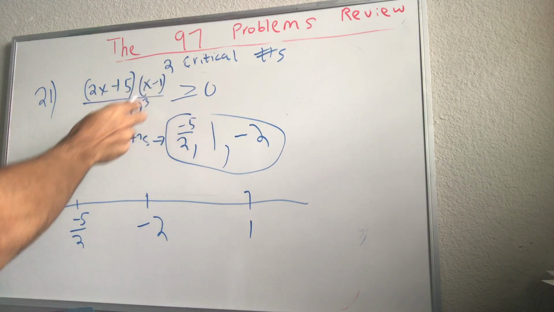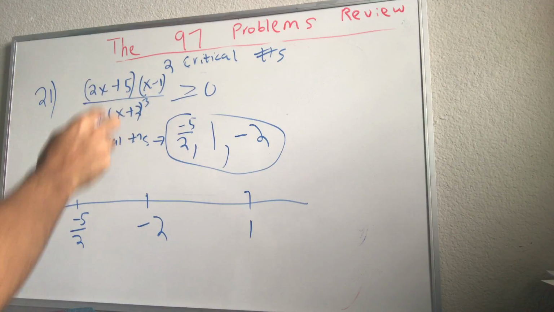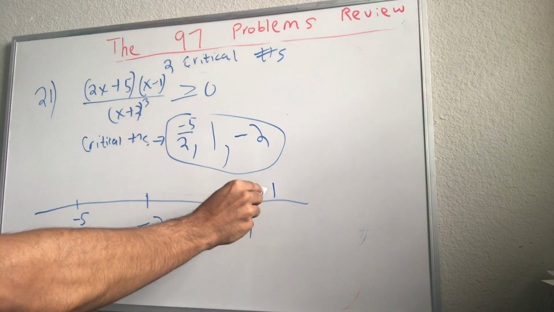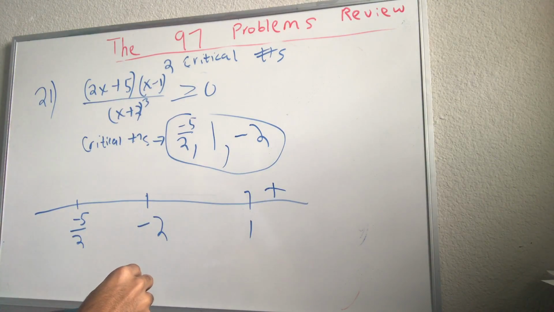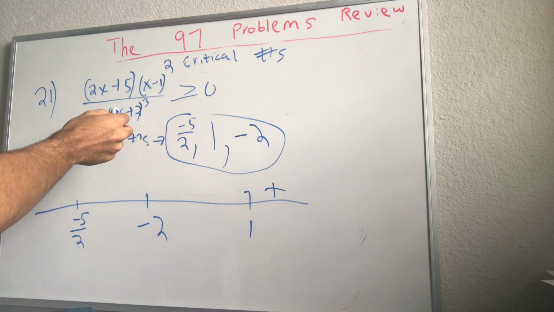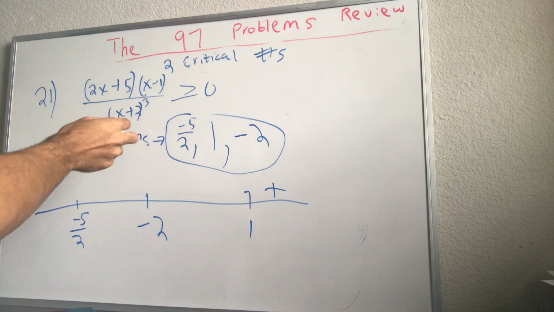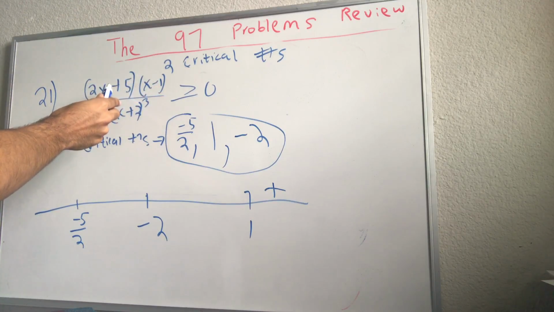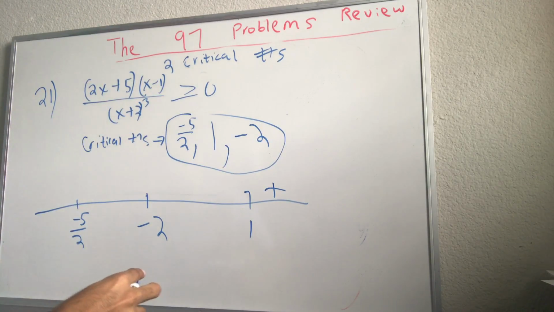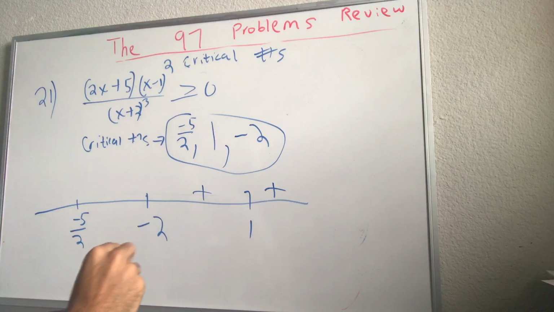We get a positive value here, and we get a positive value here. So overall, it's giving us a positive value. Now plugging in something like 0, we get a positive value here, a positive value here, and so clearly we have a positive value here as well.